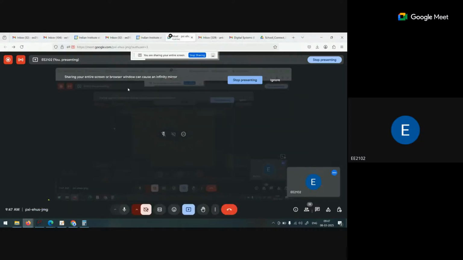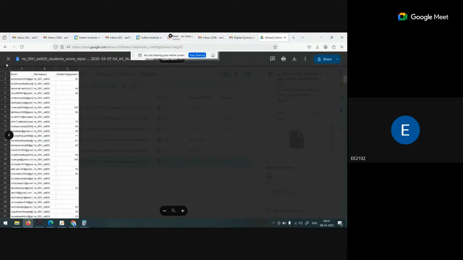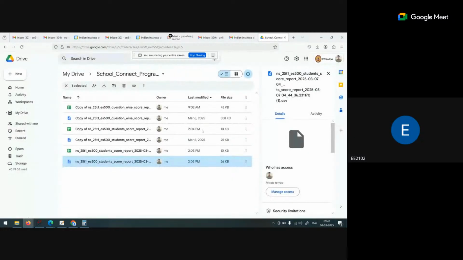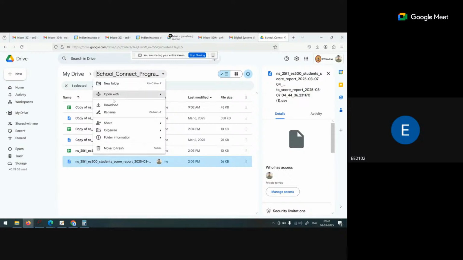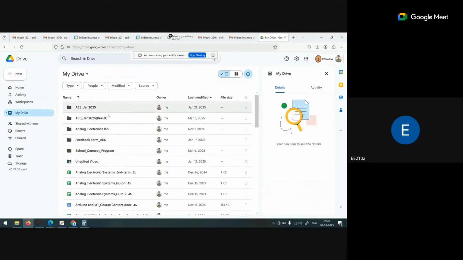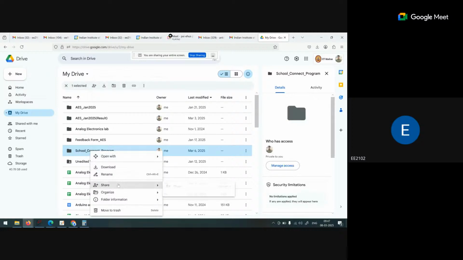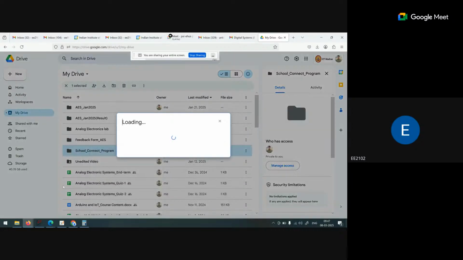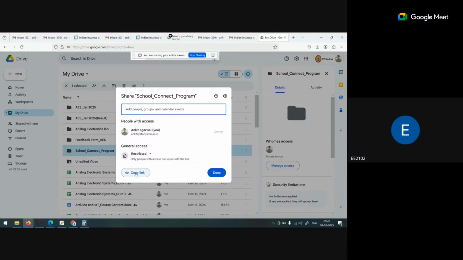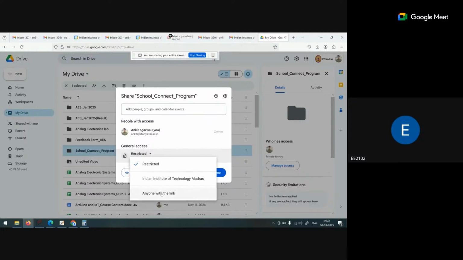When you go to any of the folders, click on share, then copy link, and from the restrictions, select anyone with the link.